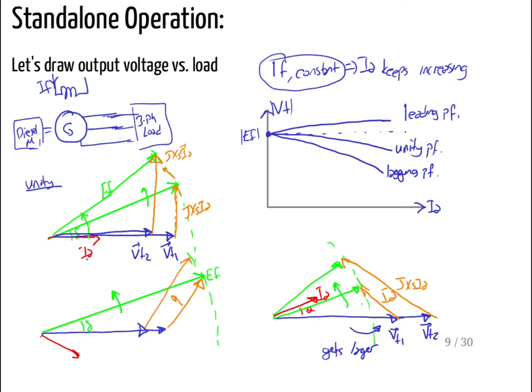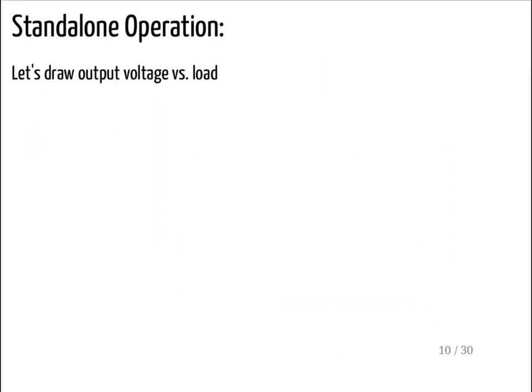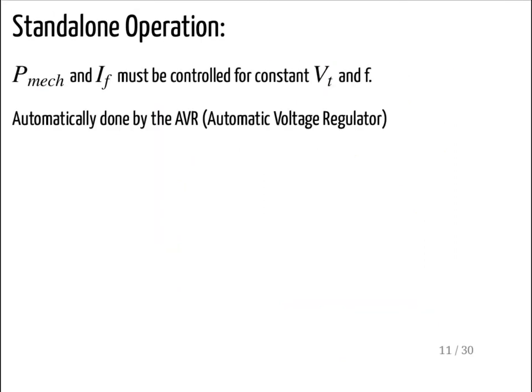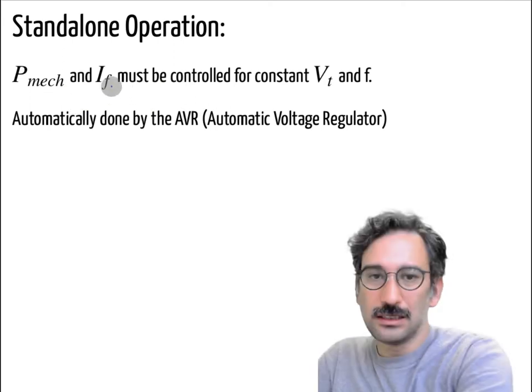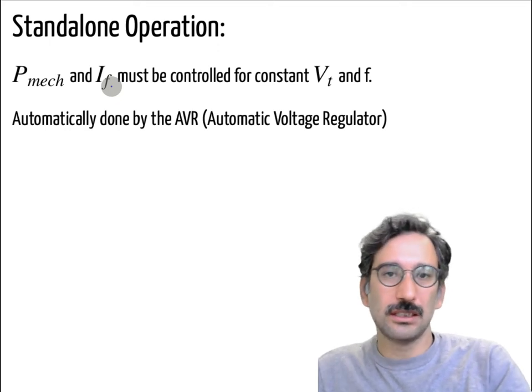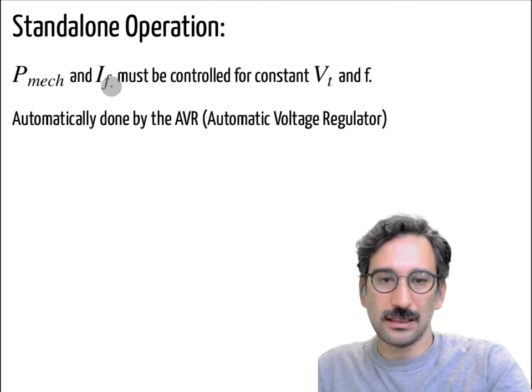Okay, so that is actually we already drew that graph. So in this case you cannot, or you shouldn't, keep the field current constant. However, you need to be adjusting that one.